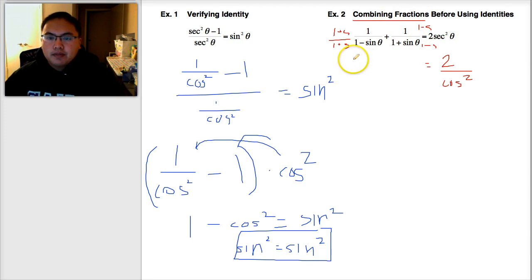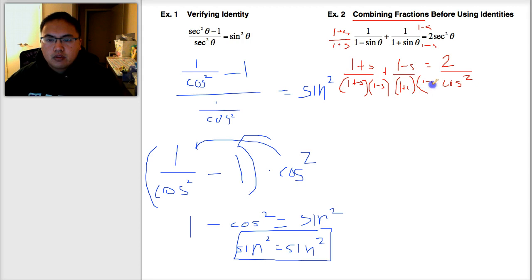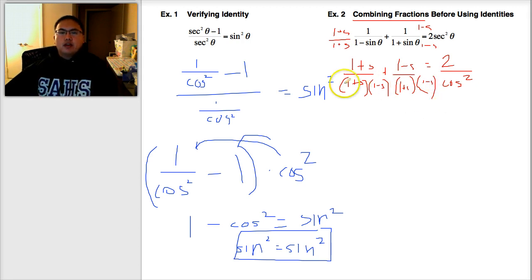So up at the top, I'm going to have 1 plus sine over (1 plus sine)(1 minus sine), and on the right side, I'll have 1 minus sine over (1 plus sine)(1 minus sine). Do you see how I now have a common denominator?